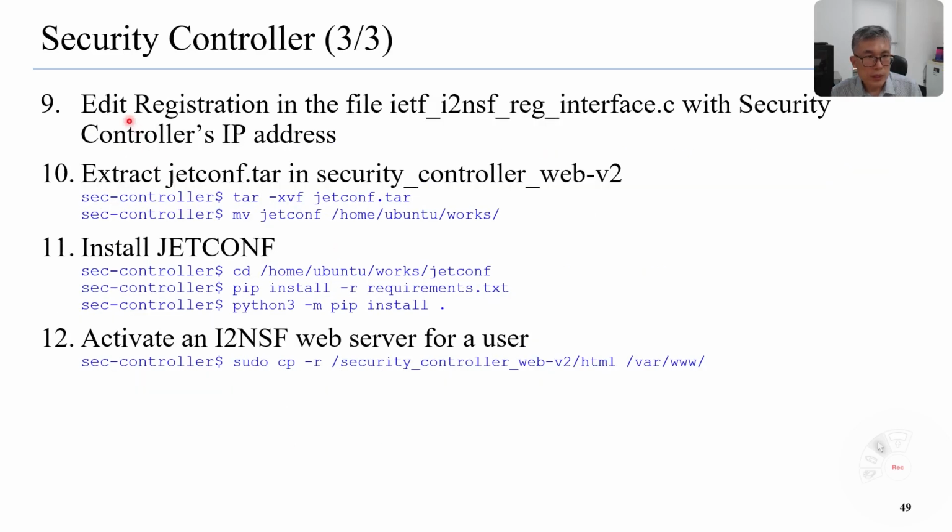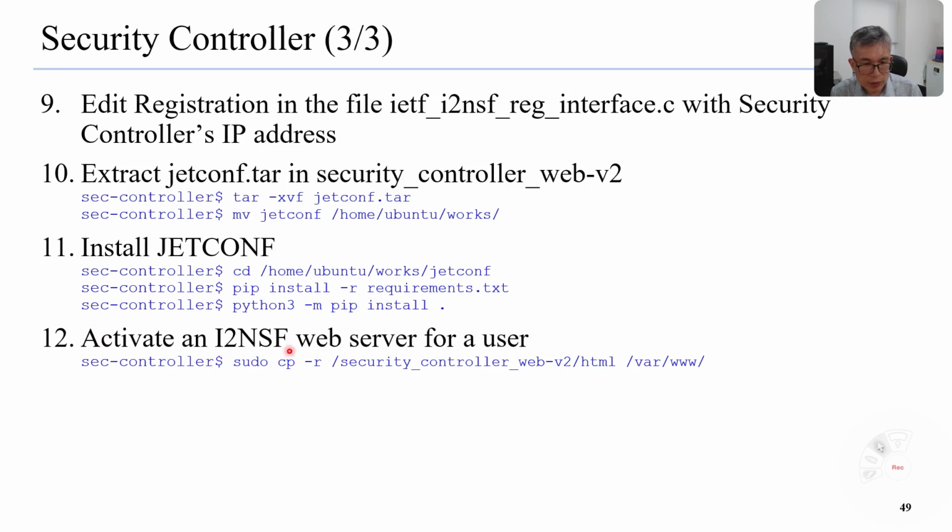And then step 9, edit the registration in the file I2NSF registration interface with the security controller IP address. And then step 10, extract the jetconf tar in the security controller web version 2 using this tar command. You can untar, and then install jetconf using this command.